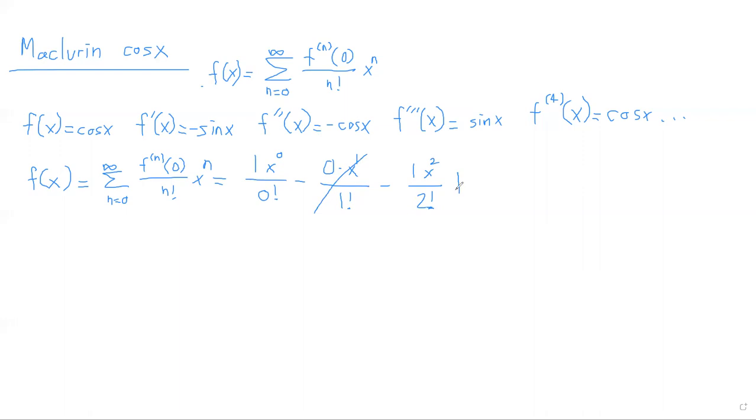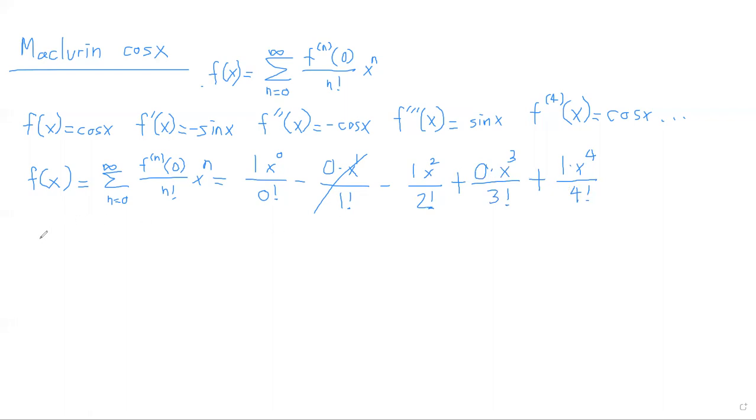Plus the third derivative, so f triple prime of 0, that's 0 because sine of 0 is 0, x cubed over 3 factorial, plus f4 of 0, cos 0 is 1, x^4 over 4 factorial.